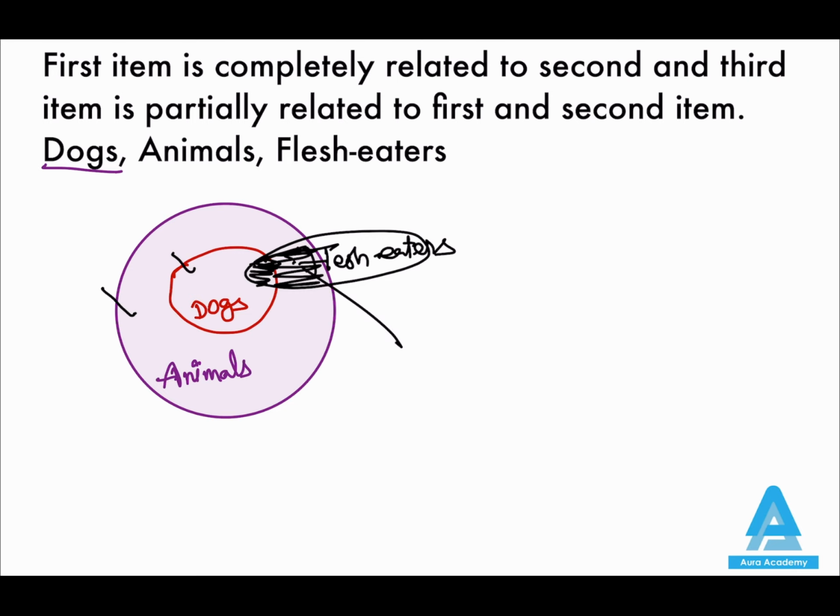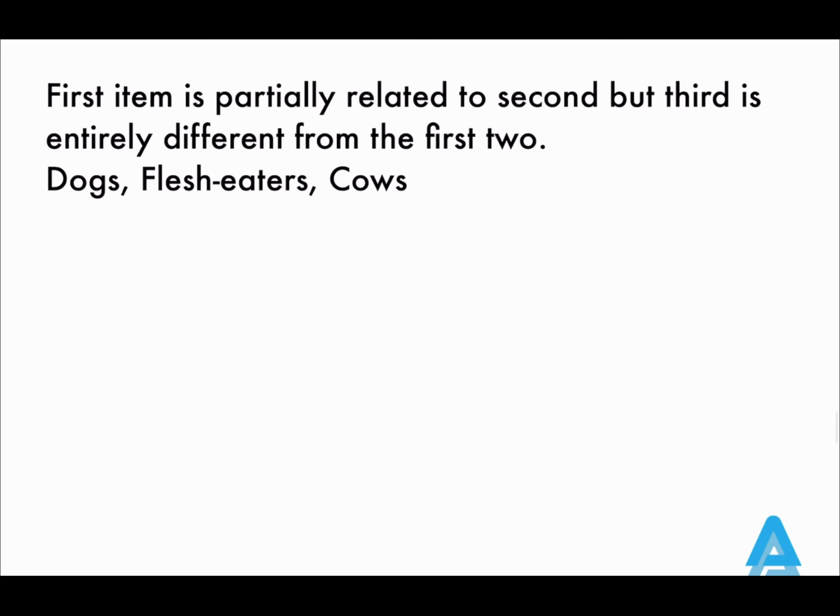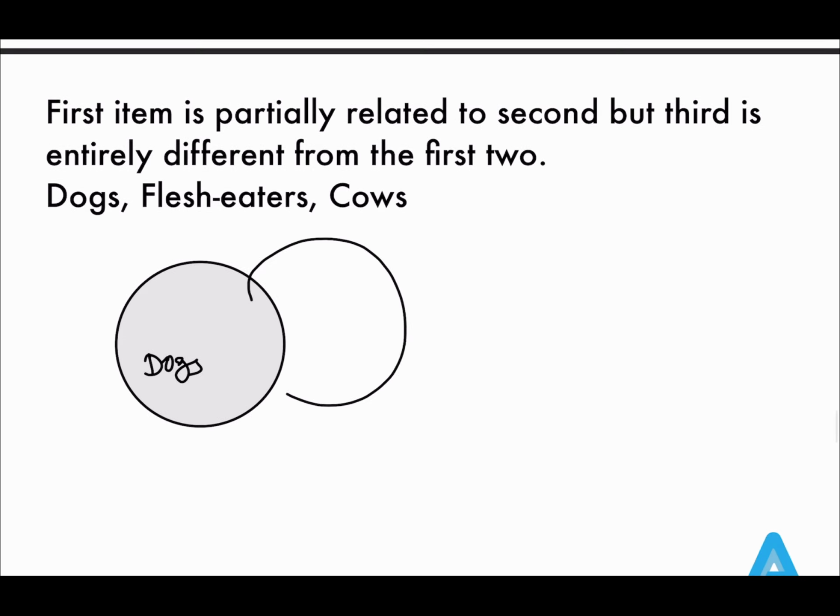Okay, so this part shows that first item is partially related to second, but the third item is entirely different from first two. Okay, so you can say that dogs, okay, these are dogs, and some of the dogs are flesh eaters. Okay, carnivorous.